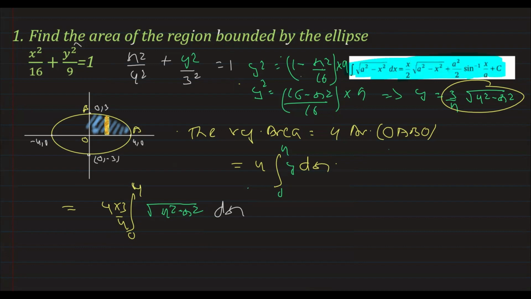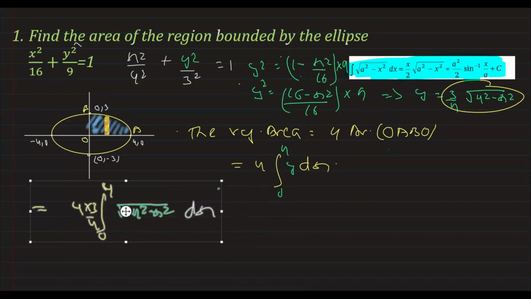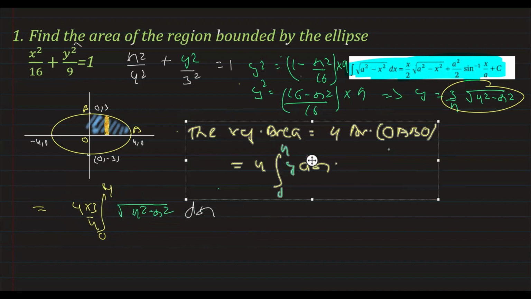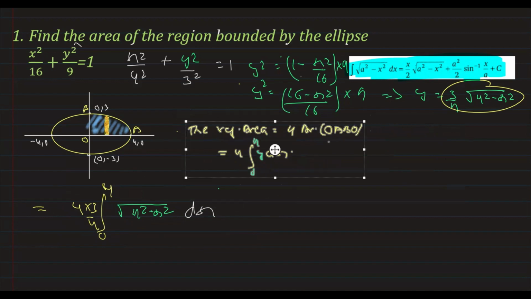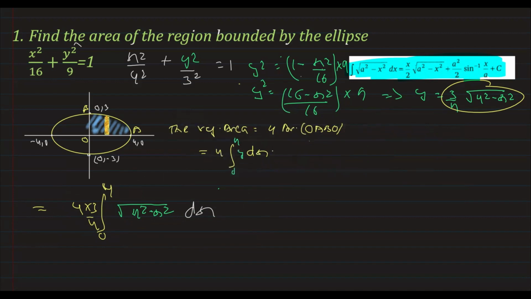So its integration is what? Let's say I solve it here. If I reduce, this is coming as 3.